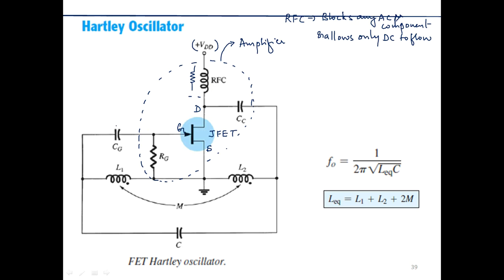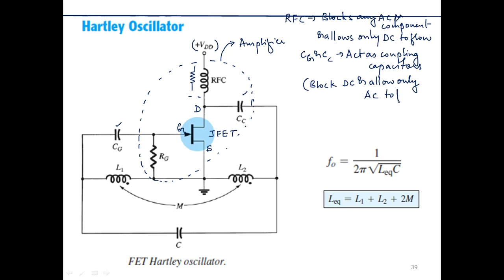And CG and CC both of them act as coupling capacitors. Their sole purpose is to block the DC and allow only AC to flow.